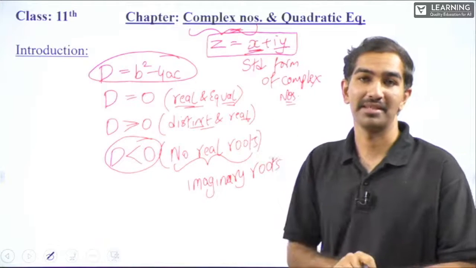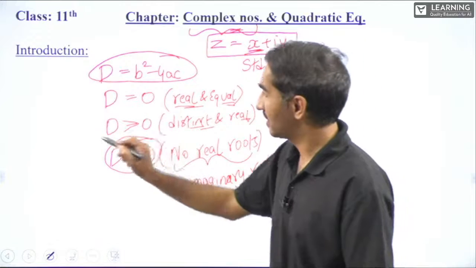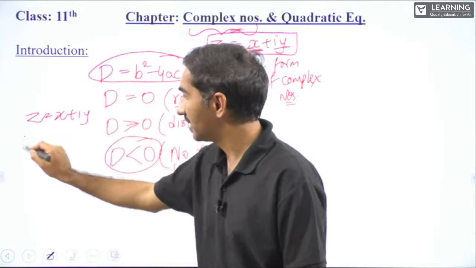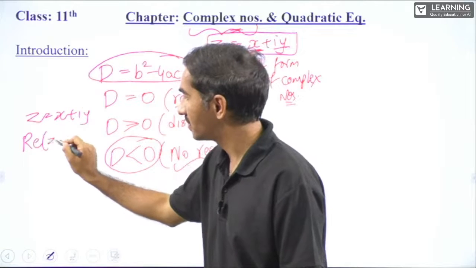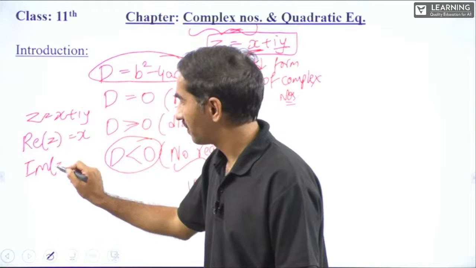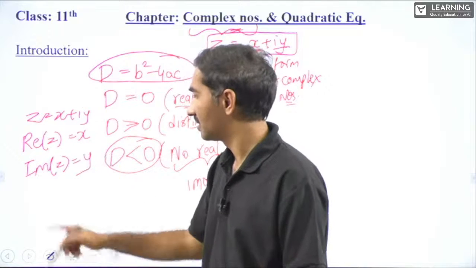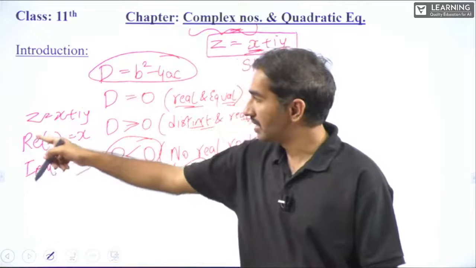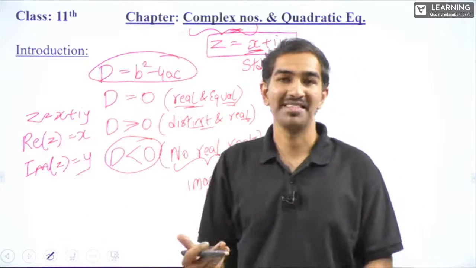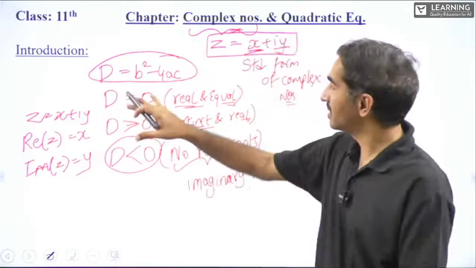This is the imaginary part. So if Z is equal to X plus IY, if we write it like this, RE of Z is equal to X, IM of Z is equal to Y. Imaginary part IM, real part RE of Z. Z is nothing but what? Complex numbers. So this is just the introduction.